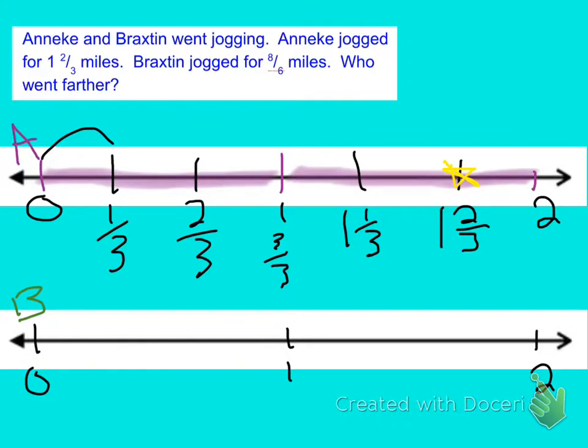But again, just like I did Annika's, from here to 1 whole is going to be 6 pieces. So there's 1, 2, 3, 4, 5, and then this is 6. And then again from 1 whole to 2 wholes, that's one piece that I have to break into 6 pieces. 1, 2, 3, 4, 5, and then 6.